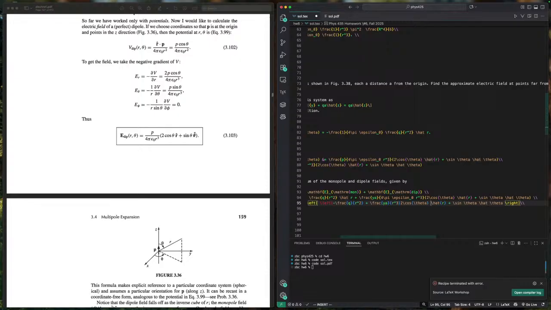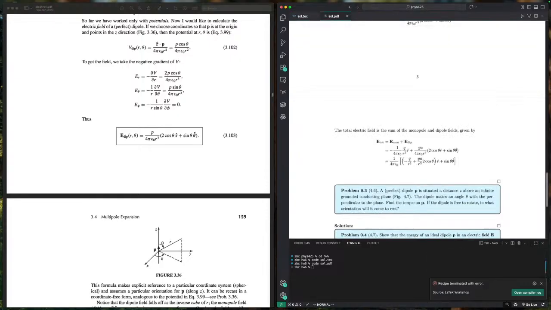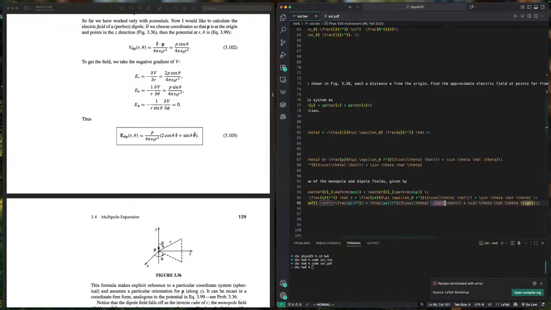Let's move it before the hat term. Okay. Yep, this is it.